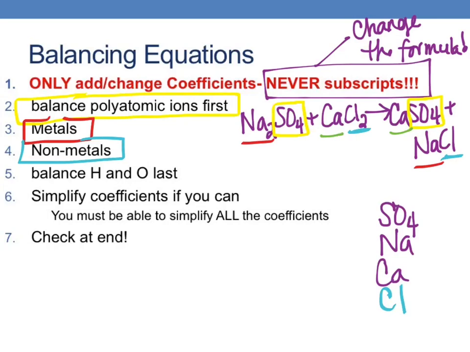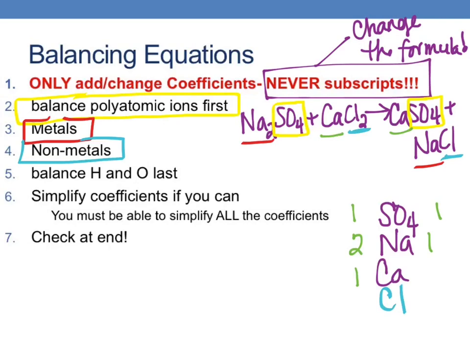So let's take a look here. How many SO4s do I have on my reactant side? I have 1 on the reactant side. How many do I have on the product side? 1. How many sodiums do I have on the reactant side? 2. How many do I have on the product side? How many calciums on the reactant side?